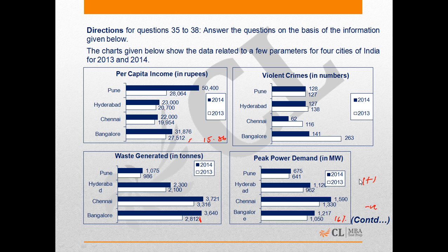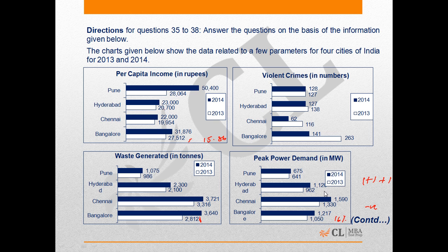Now coming to Hyderabad, from the figure again it can be seen that percentage increase in peak power demand for Hyderabad would be around 15 plus percent, and that in per capita income would be around 11-12%. So Hyderabad also satisfies this condition.